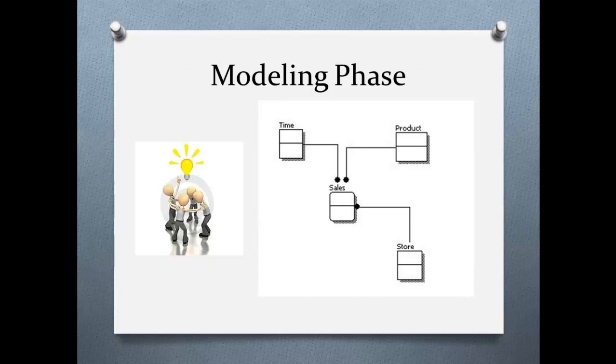Because it's a dimension, like in a star or snowflake schema, it should be linked to something. So how do we know that this table is linked to that table? We know that from the data model, which is done by the data modeler in the modeling phase.